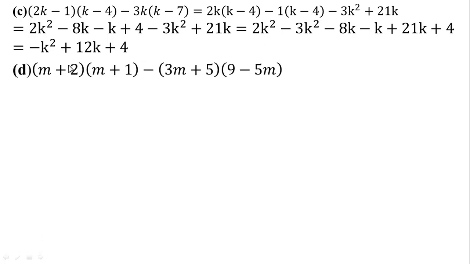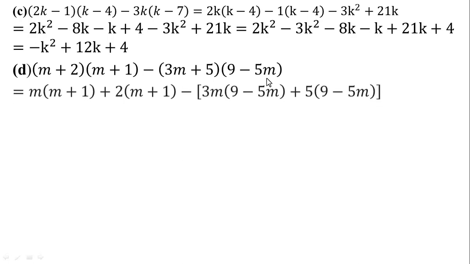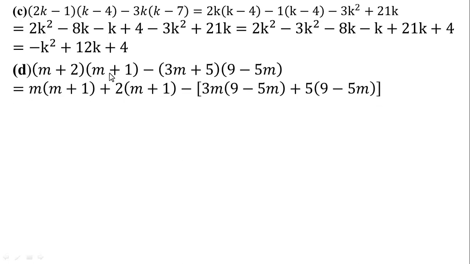In the D part, m plus 2 into m plus 1 minus 3m plus 5 into 9 minus 5m. Here, two variables are multiplying to each other. We can write that m into m plus 1 plus 2 into m plus 1, minus square bracket 3m into 9 minus 5m plus 5 into 9 minus 5m, square bracket close.